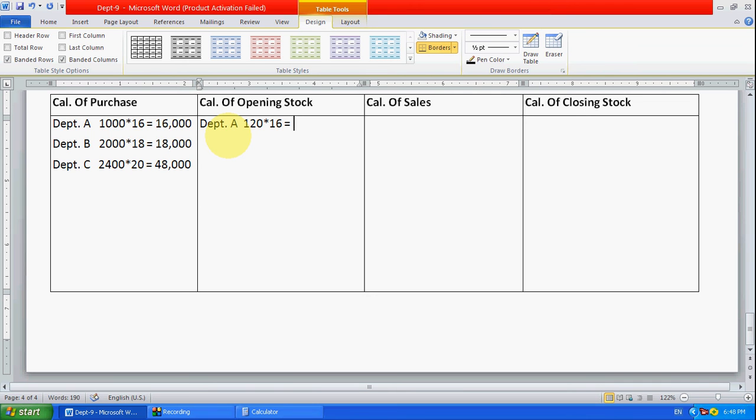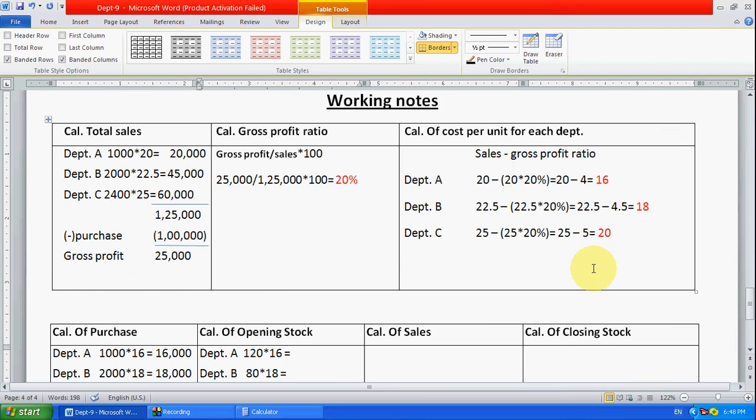Now department B, 80 into 18. Now department C, 152 into 20. So these prices are 16, 18 and 20.